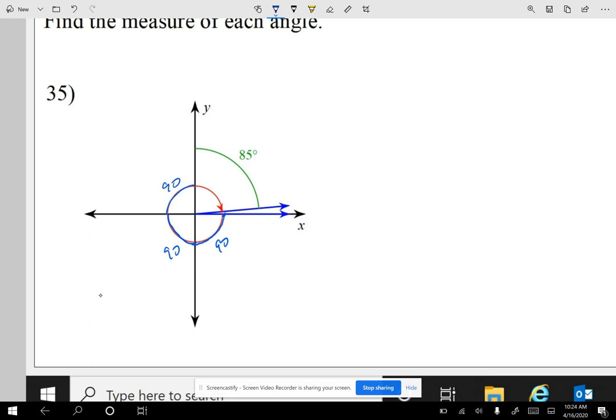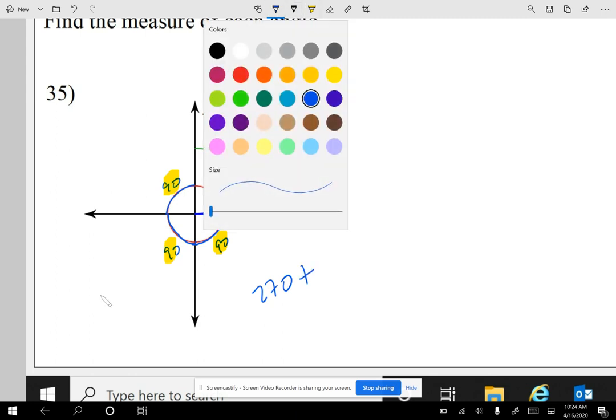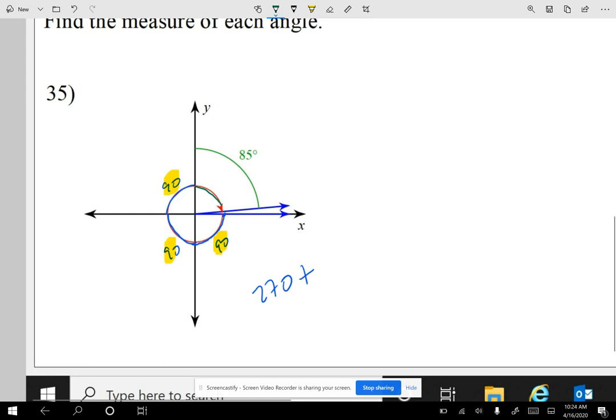That's another 90. So far I have 90 times 3, which is 270, plus 85. I know this right here is 85. 270 plus 85, 355.